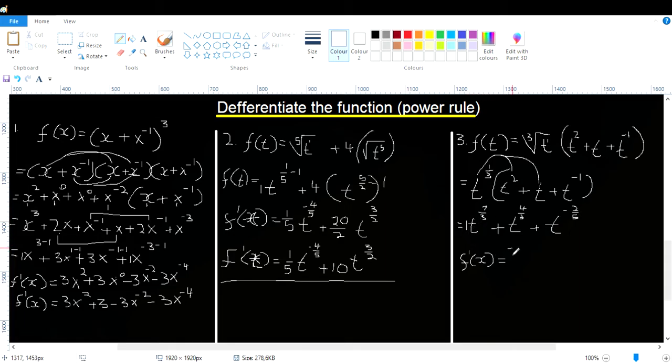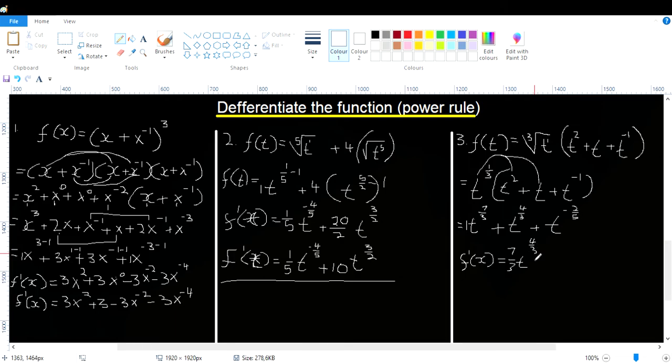Answer is equal to 7 over 3. 7 over 3 minus by 1, answer is equal to t to the power 4 over 3.